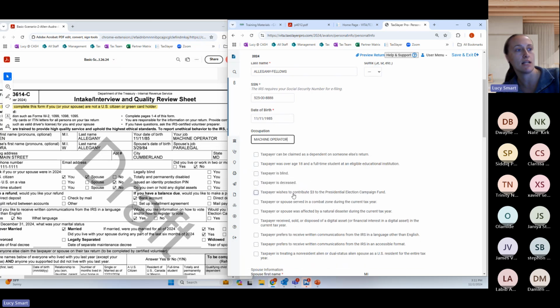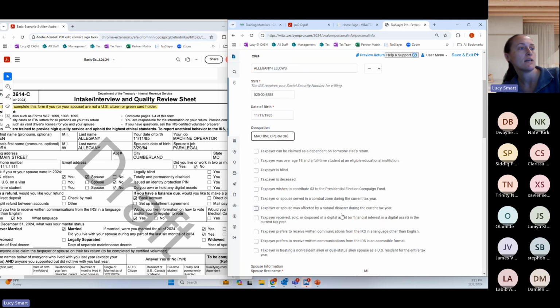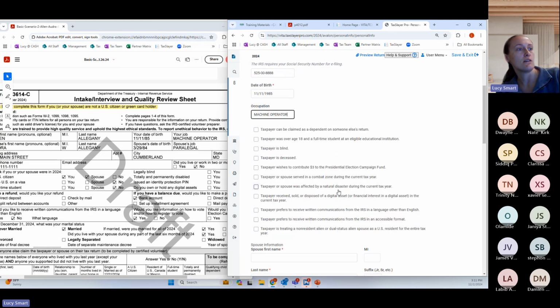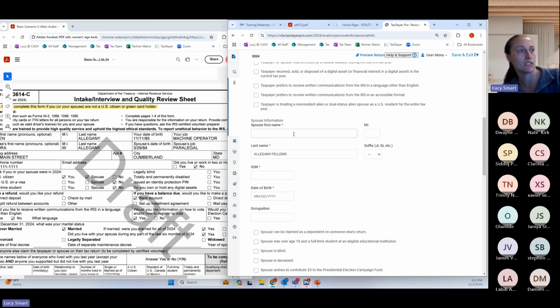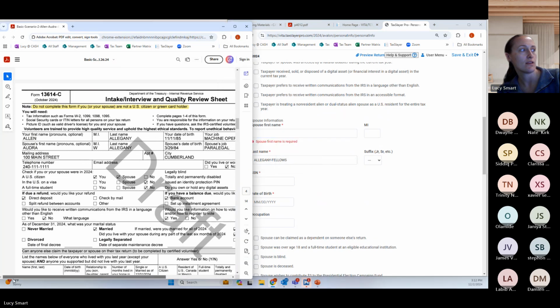No. He's not blind. He's not deceased. He did not want to contribute to the presidential election campaign fund. Not serving in a combat zone, not affected by a natural disaster, no digital assets. They don't want stuff in a language other than English. And he's not a non-resident.